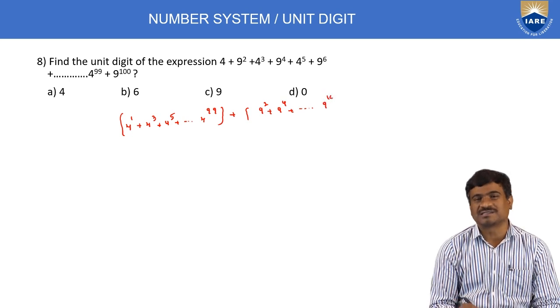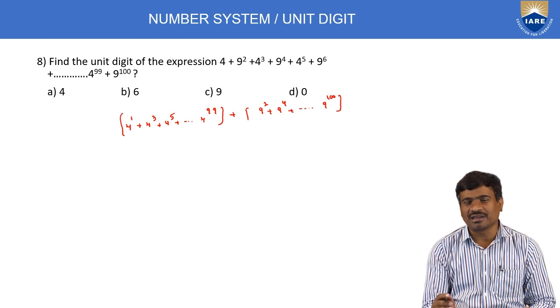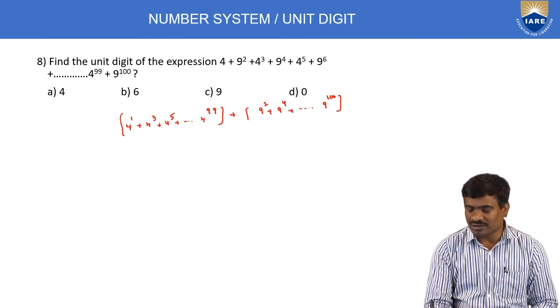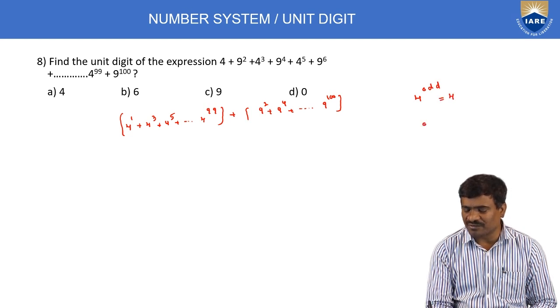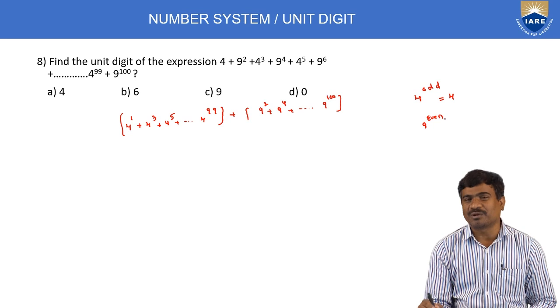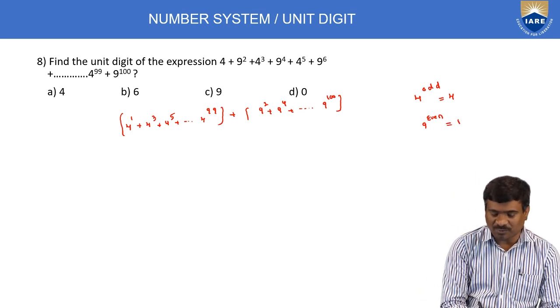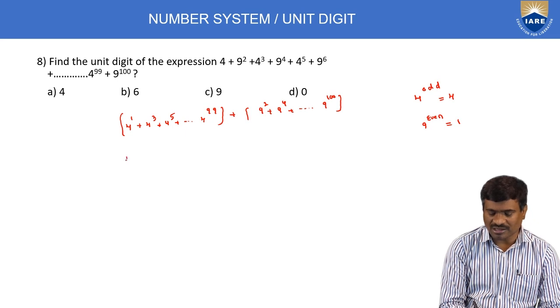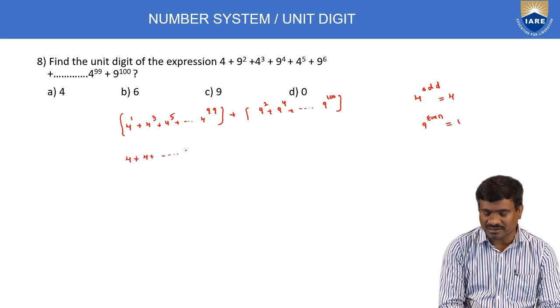You divide it into two parts, 4 and 9. For 4, the powers are odd numbers; for 9, the powers are even numbers. We know that 4 to the power of an odd number gives 4, and 9 to the power of an even number gives 1. Next, 4 to the power of an odd number is 4, and again 4, up to 50 terms only.